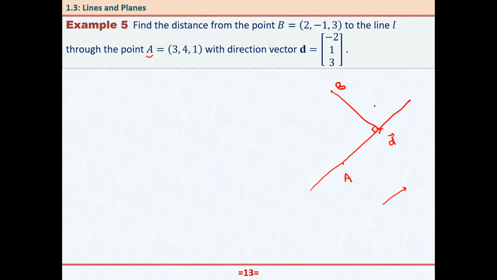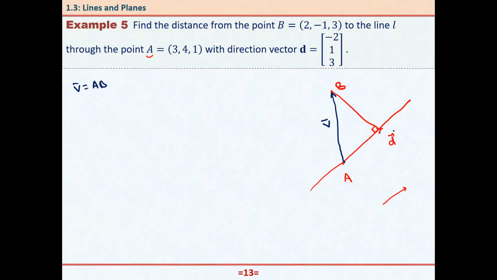As you see here, this point is given, and this point is given. If we form this vector, let me change the color, let's say this one is vector V. And what is vector V? Vector V is AB.